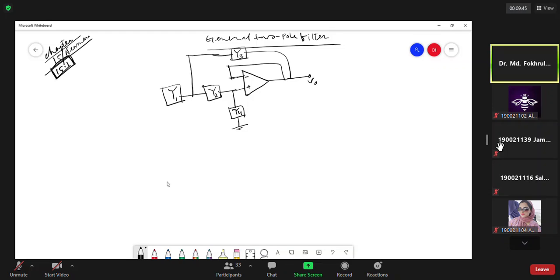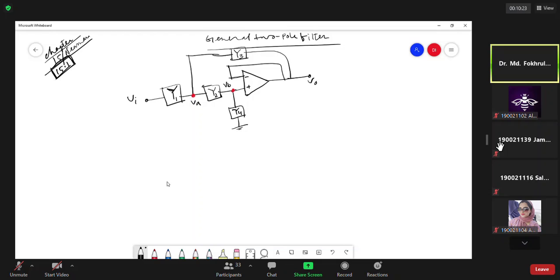This is the output. So this is basically a simple voltage follower circuit constructed with four admittances Y1, Y2, Y3, Y4.